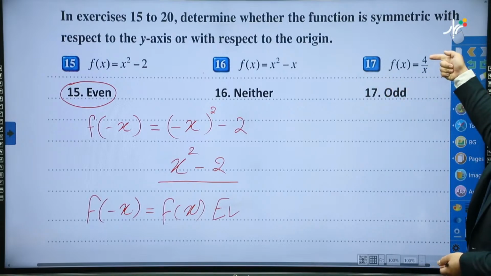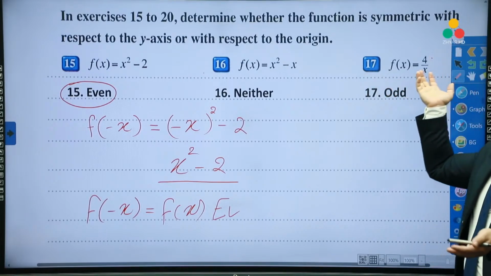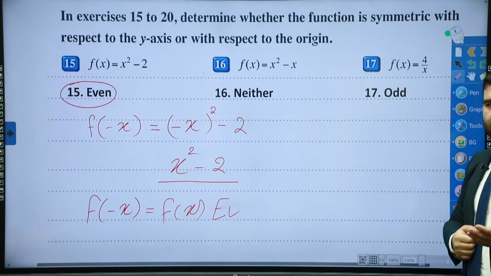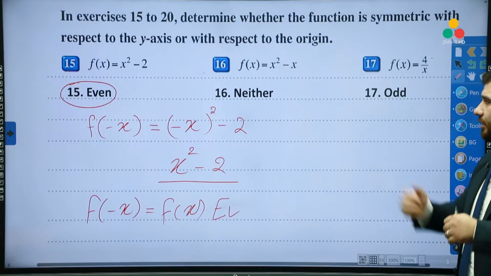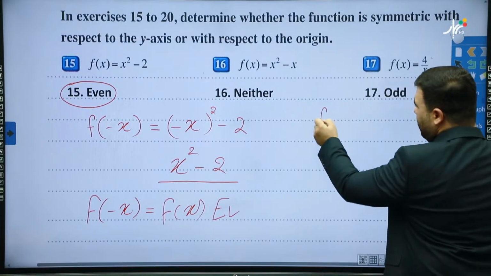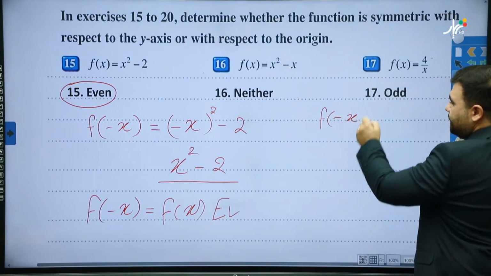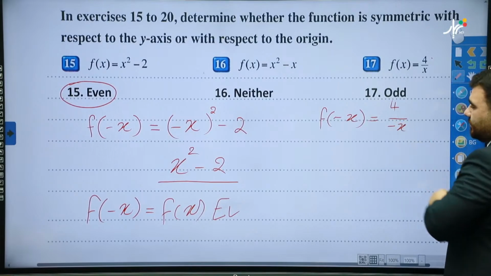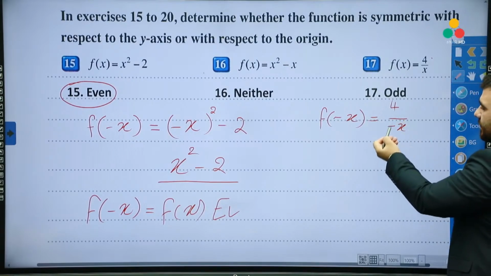17, 4 is just a number which is considered even. X power 1 is odd, then even divided by odd is odd. If I use the algebraic way to show that, f of negative x is equal to 4 over negative x. Then there is nothing to cancel this negative.